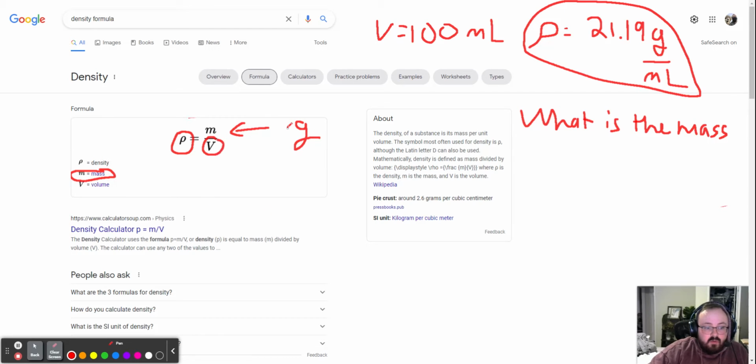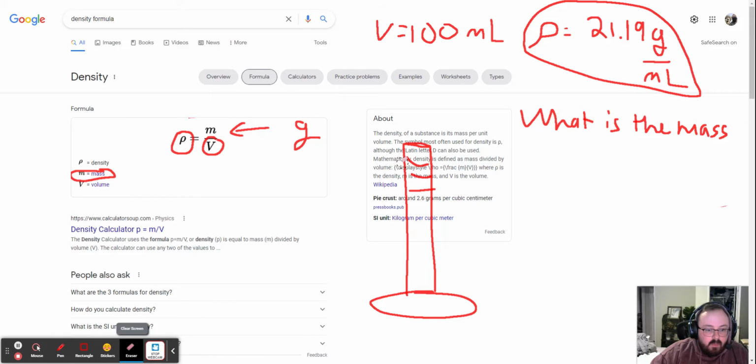Volume over here is how much space something takes up. When we used the graduated cylinder, the thing that looked like this with all these little lines, that was telling how much space that water was taking up.